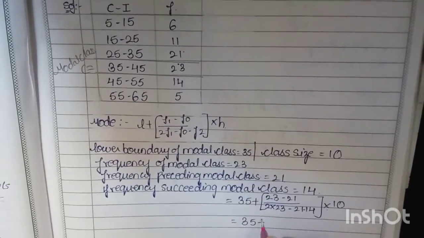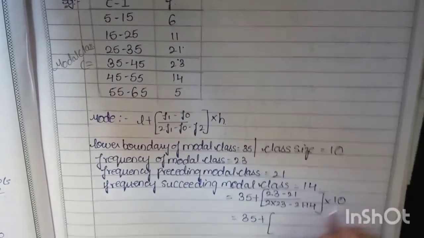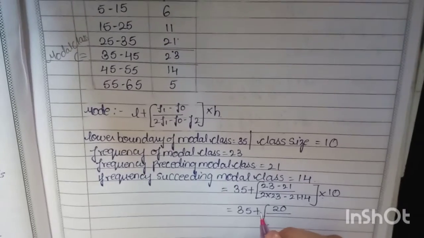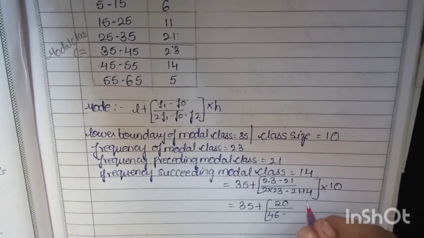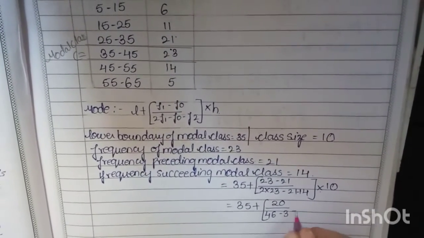35 plus, 23 minus 21 is 2. 2 into 10 is 20, by 23 into 2 is 46, minus 21 plus 14 is 35.